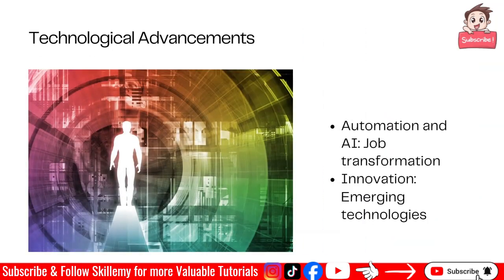Then the next one is technological advancement: automation and AI, job transformation. The current trends are shifting towards automation and AI. Now you can see there are different types of jobs which are done by AI and some jobs are done by humans, and they can specialize in those jobs.